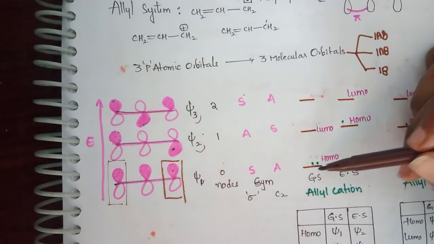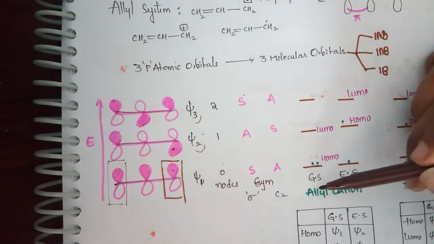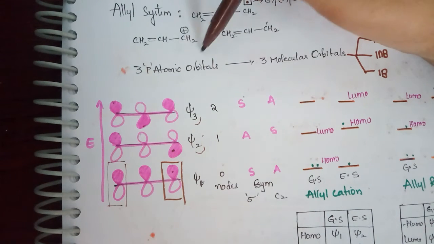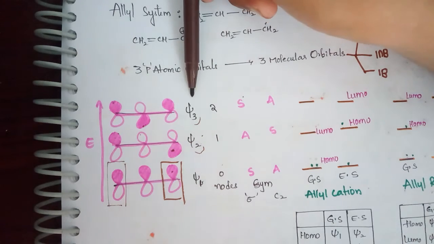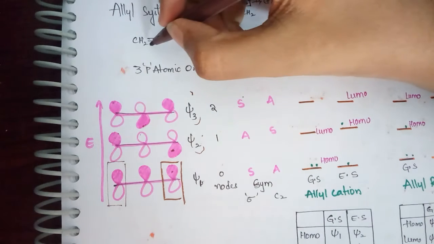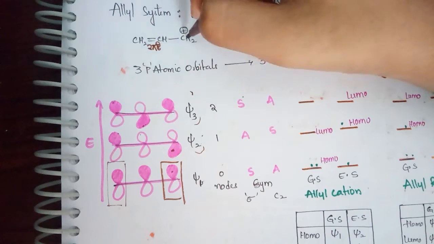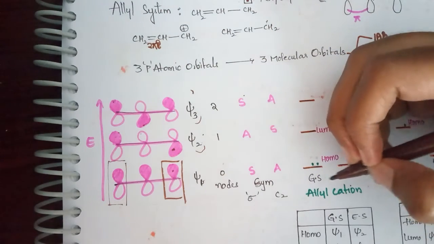Now next we have to start filling the electrons in the ground state and excited state. First we will go to the allyl cation. Here is the structure of the allyl cation. Cation itself indicates there is an absence of electrons, so no need to write an electron. So how many electrons are there here? You have 2 pi electrons, so the total number of electrons is 2 pi electrons.